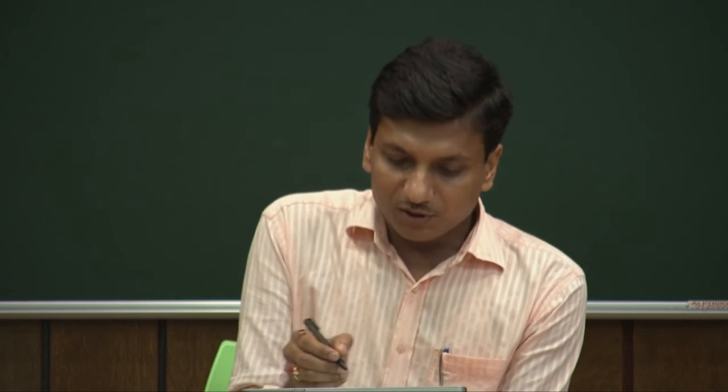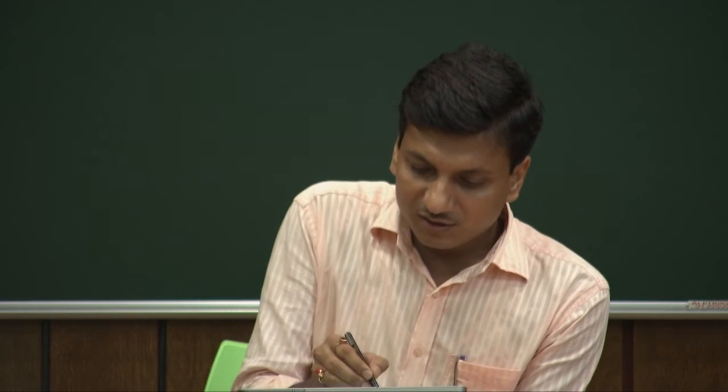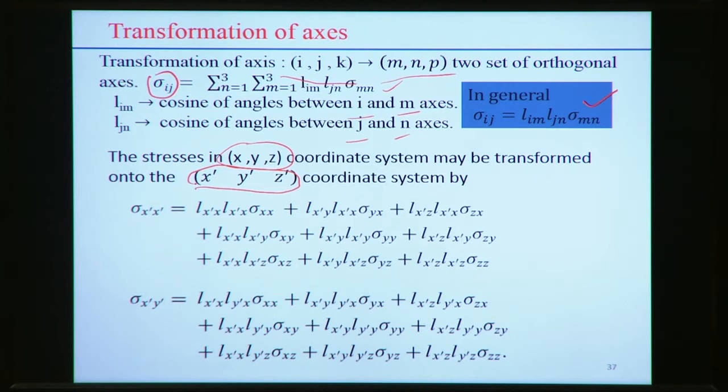Now if stress is represented in the XYZ coordinate system and we would like to transform it onto the x dot, y dot and z dot coordinate system, then by using this notation, sigma x dot, which is one normal stress component in the new transformed axis, is equal to the component multiplied by L x dot x, L x dot x.